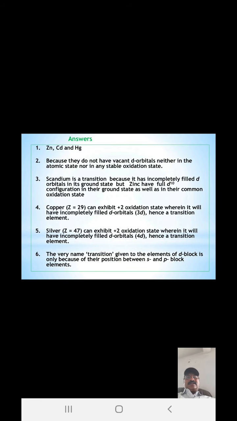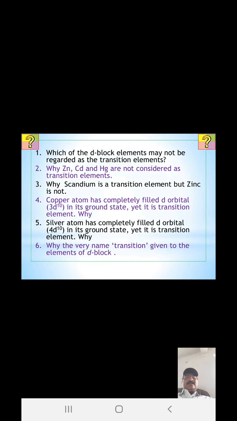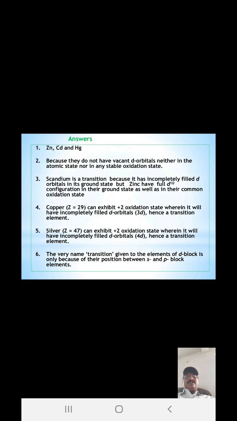And see here the answers. Here the first question is there, then the answer. Which d block elements may not be regarded as transition elements? Zinc, cadmium and mercury, because, as already discussed, they have a completely filled (n minus 1) d orbital.